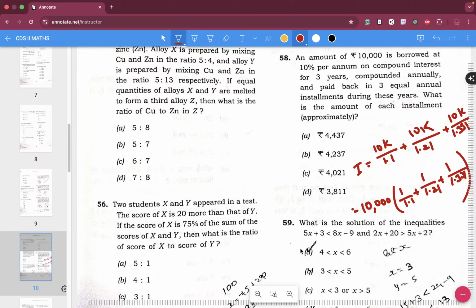EMI is equal to, there's a simple formula. Generalizing this formula, if you have 3 installments, then I don't think we have done any error over here.